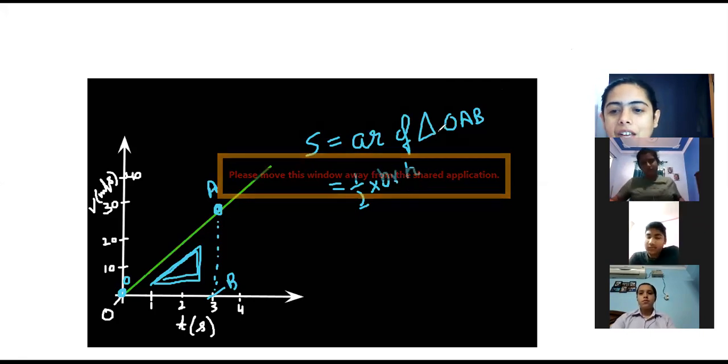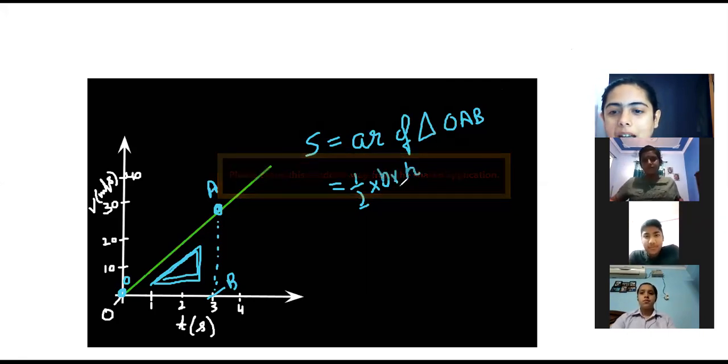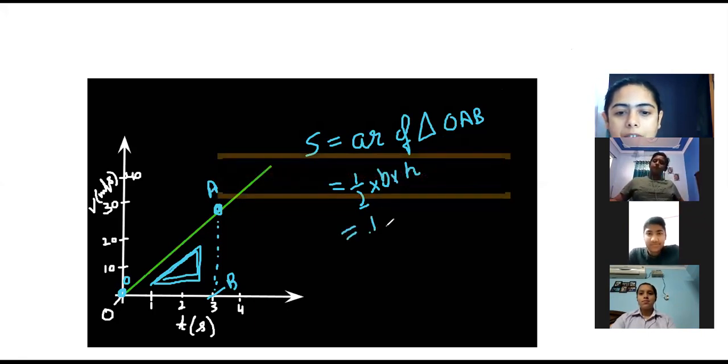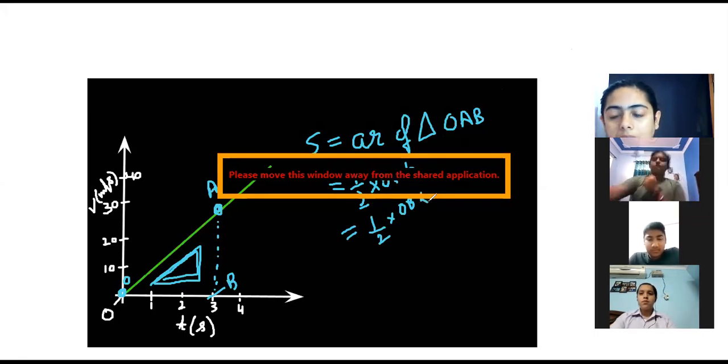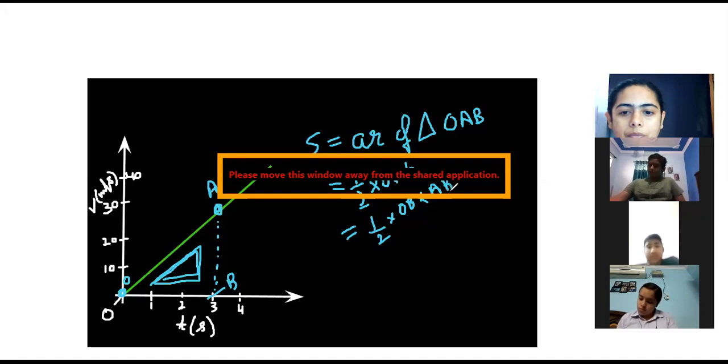Okay, chale. So area of triangle OAB is half into base into height. Fine. Half. Base, we are going to take it as OB. See, you are not going to directly put the values. Step by step. You have to first show in the triangle what is base. Then height is AB. You will write that.